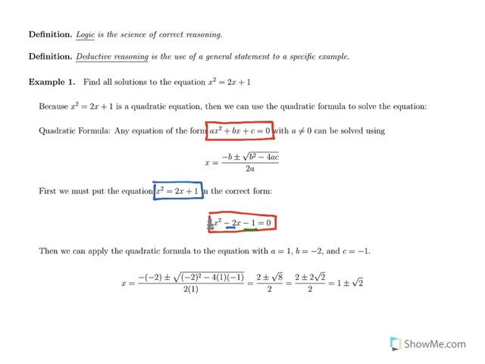So if we plug those values of a, b, and c into the quadratic formula, and we simplify, we get 2 plus or minus the square root of 8 divided by 2. And note that even to get from that first step to that 2 plus or minus square root of 8 over 2, we're using even more general theories that we have applied to the specific example.